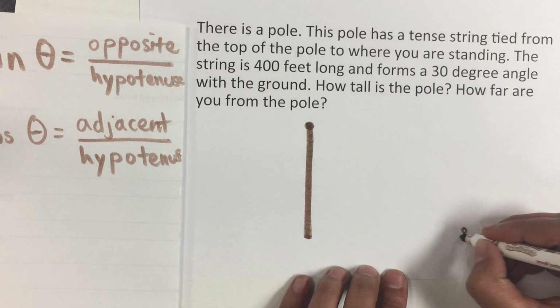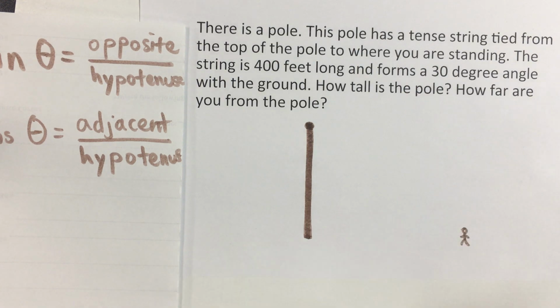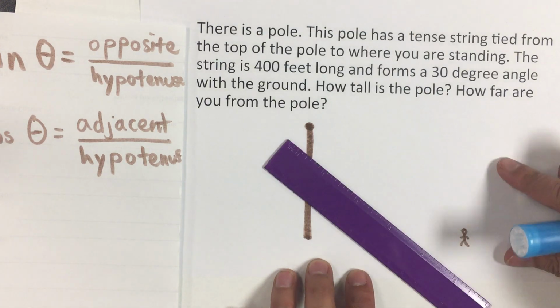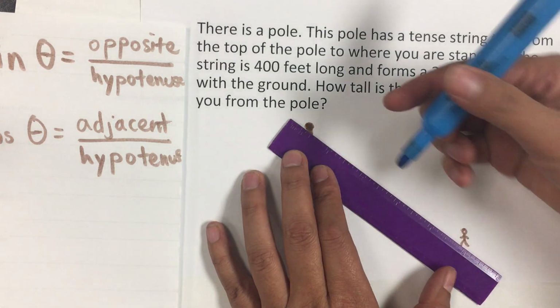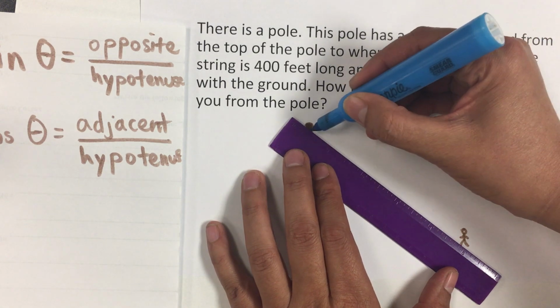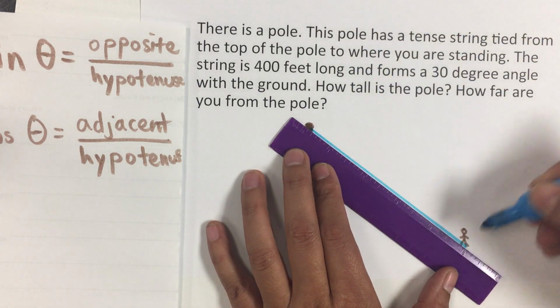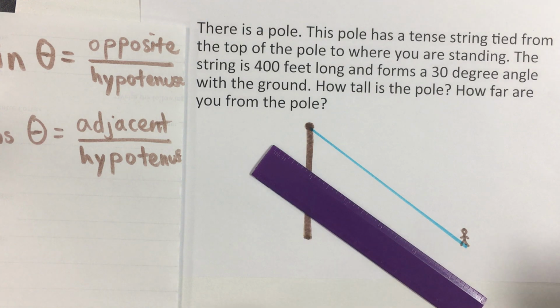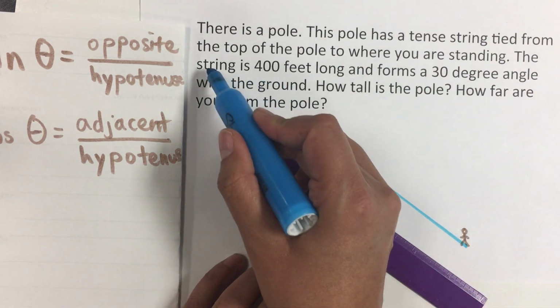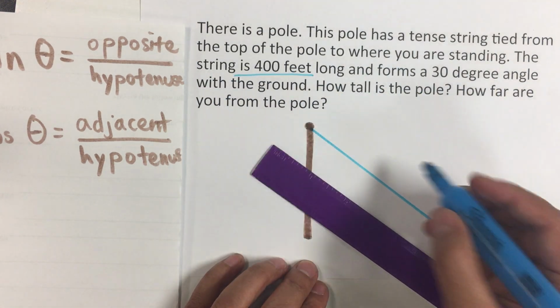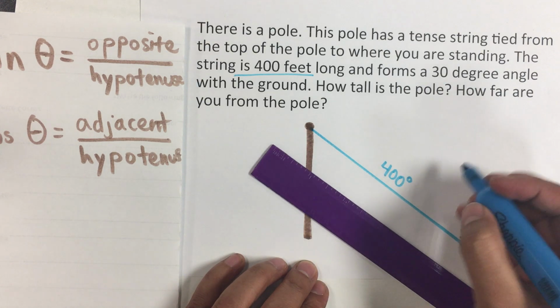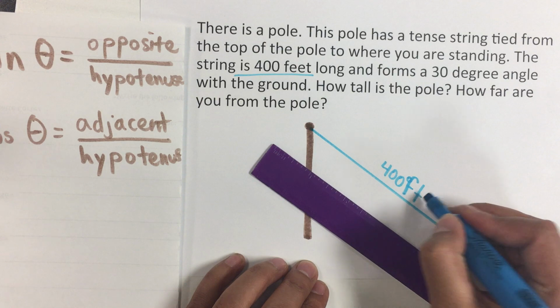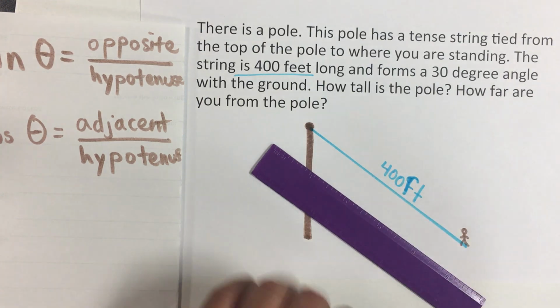So maybe around here, you're standing in there. And the string is tied up from the pole to the ground where you're standing. And it's 400 feet, okay? The string is 400 feet. Oops, not degrees, 400 feet. Sorry about that.